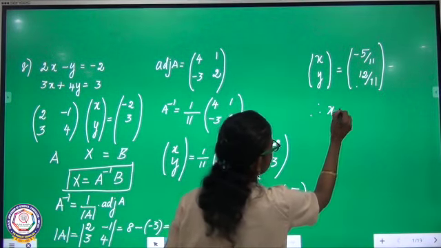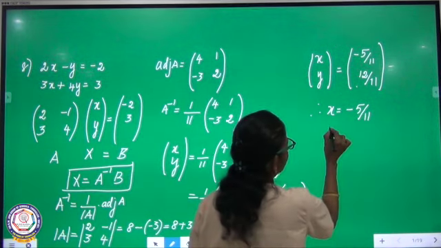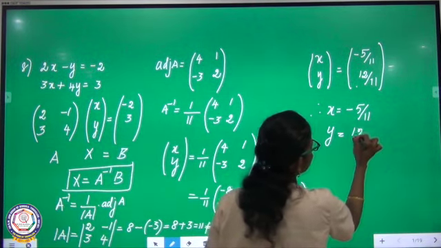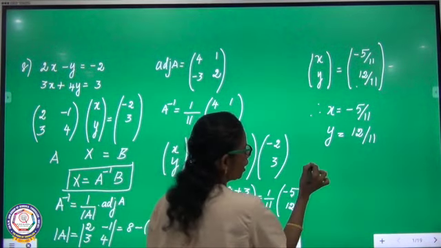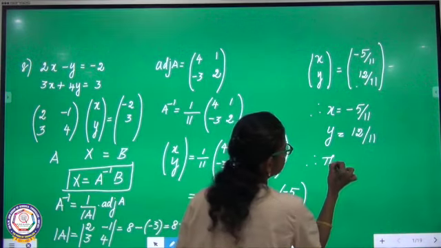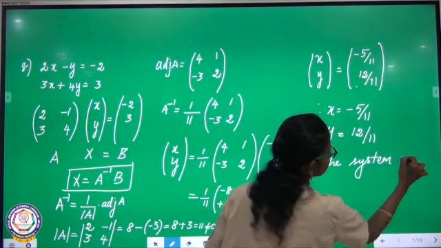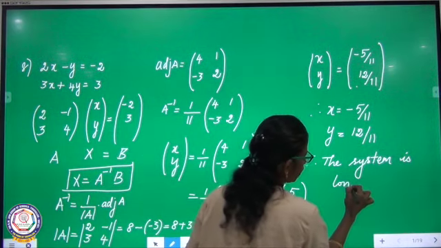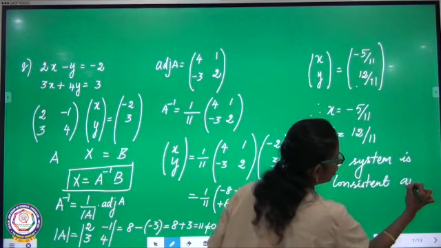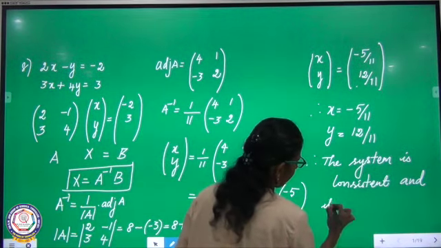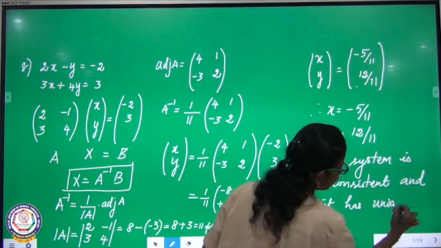Therefore, what is your X now? X is equal to minus 5 by 11. Y is equal to 12 by 7. Sorry, 12 by 11. Suppose if they are asking, you can say the system is consistent and it has a unique solution.